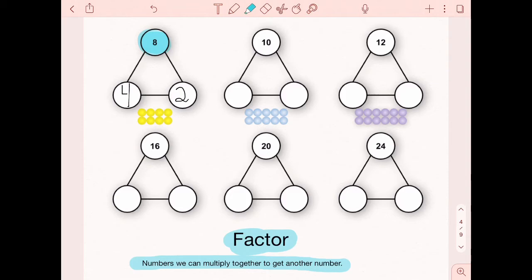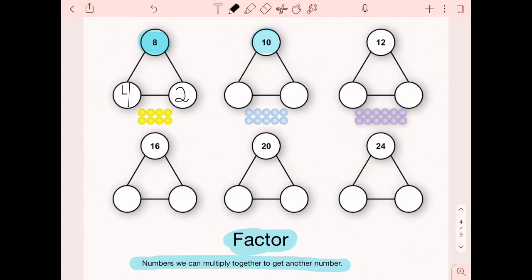In this example, I'm going to start with the number 10, and the question I'm asking is, what numbers can I multiply together to get this number 10? Or what numbers are factors of 10? So in this case, I'm going to break it down and look at these bead bars again. And I can see that's a 5 bead.